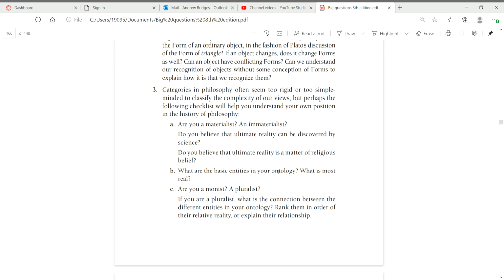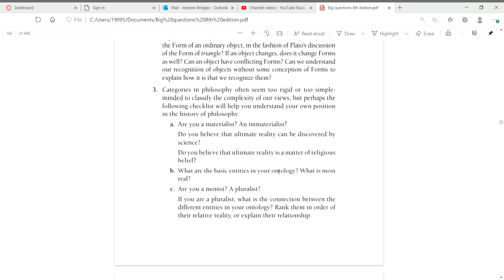So part A: are you a materialist or an immaterialist? Do you believe that ultimate reality can be discovered by science? Do you believe that ultimate reality is a matter of religious belief? And so here, be careful with this question, because what you say about this might influence a lot of the rest of it, right?